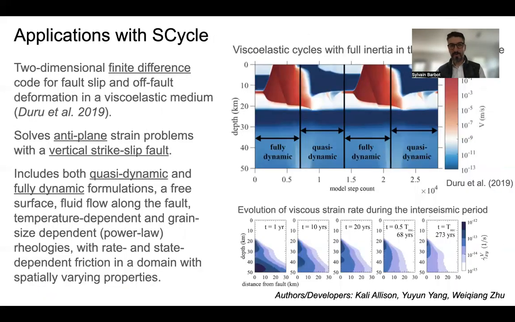A last example of the finite difference method was provided by Allison, which involves the simulation of the mechanical coupling between the brittle section of the continental lithosphere with a viscoelastic lower crust.